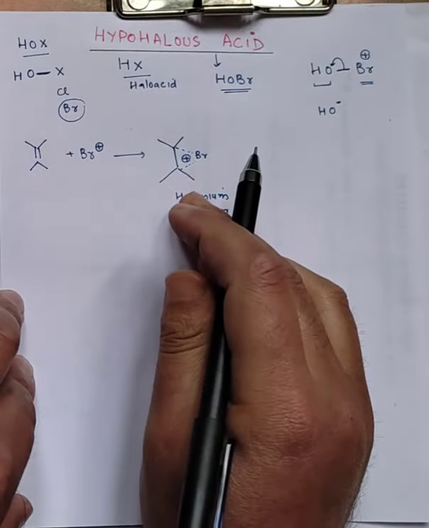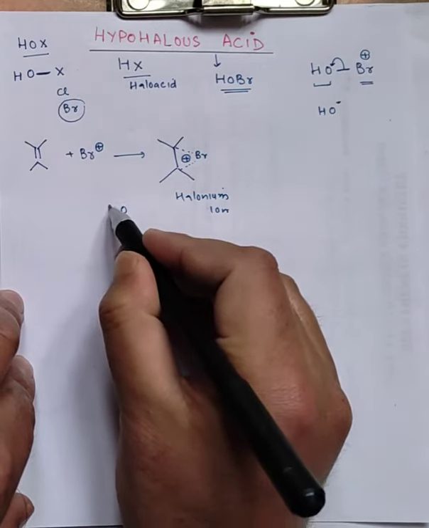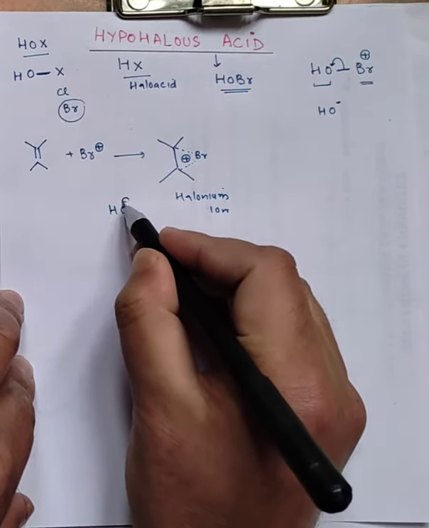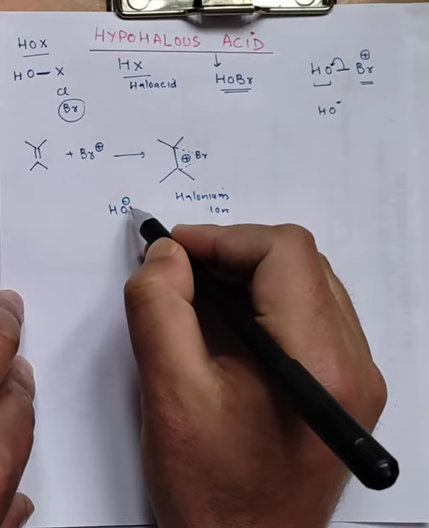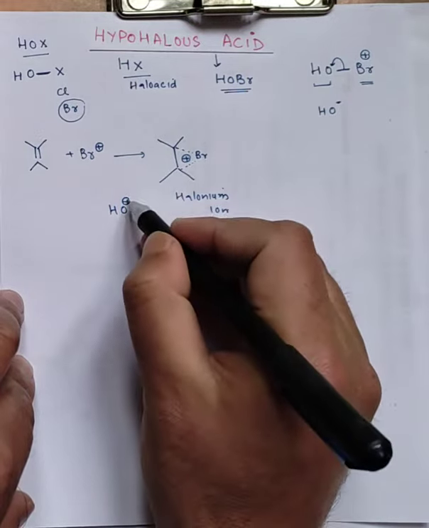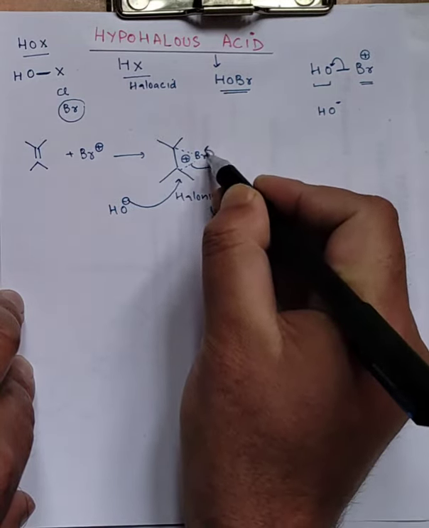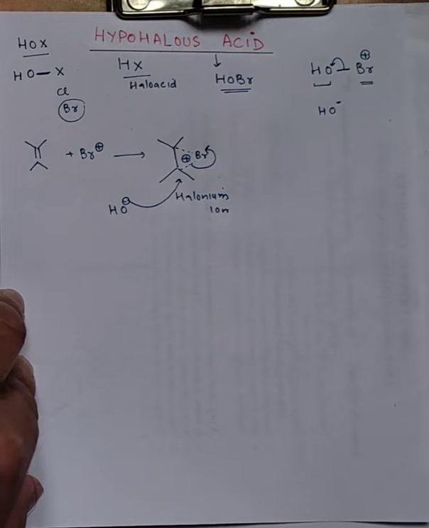Once the halonium ion is formed, then the other part, which is your OH negative hydroxide, attacks on the backside of this halonium ion. So it attacks on this side, so this bond moves on this side. So it's like SN2 type of reaction.